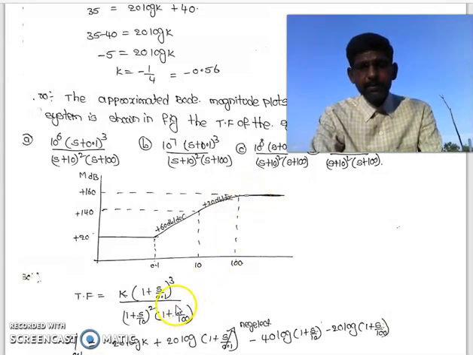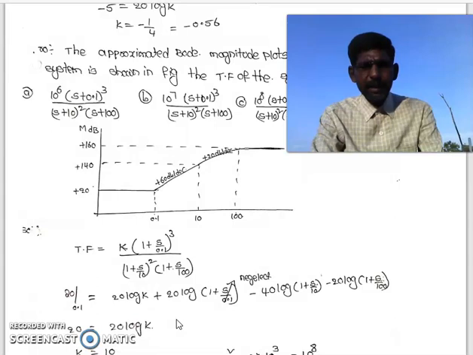So 1 pole is present at corner frequency 100, 1 plus s by 100. The transfer function is k into (1 plus s by 0.1) whole cube divided by (1 plus s by 10) whole square into (1 plus s by 100). So we need to find the k value.